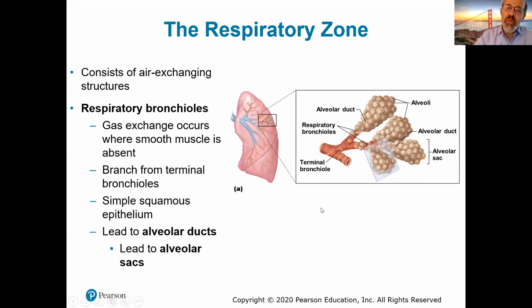All we're left with is simple squamous epithelium, which leads the air from the respiratory bronchioles into what we call the alveolar ducts, finally into the alveolar sacs. These are the sacs which contain individual alveoli, which are the site for gas exchange.